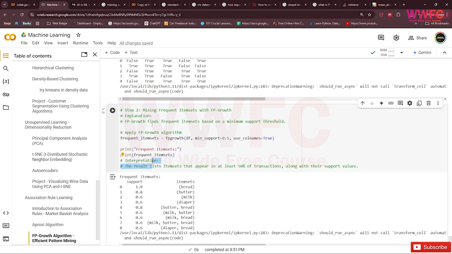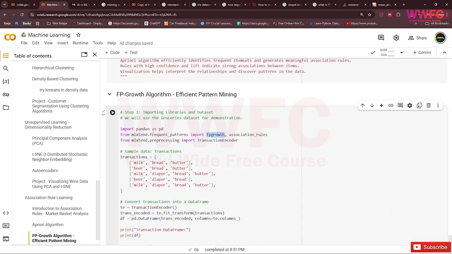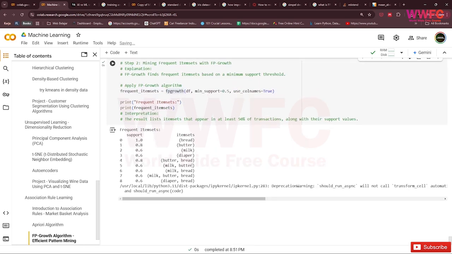FPGrowth finds frequent itemsets based on the minimum support threshold. We import FPGrowth from the frequent patterns library and use it to find frequent itemsets. So this is almost the same as the Apriori algorithm, right?